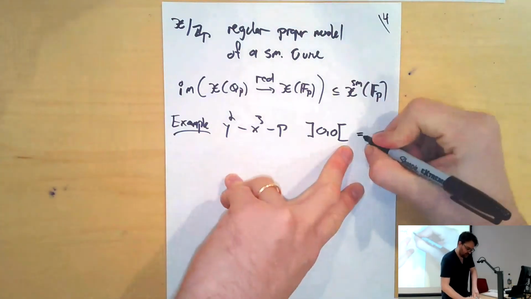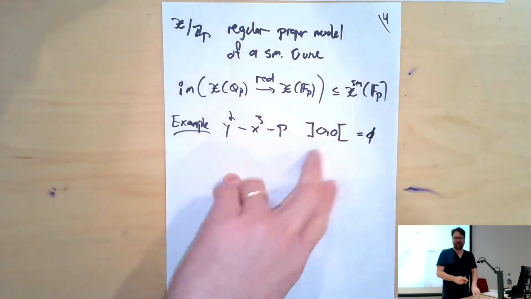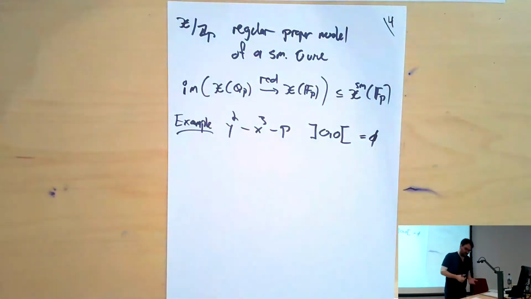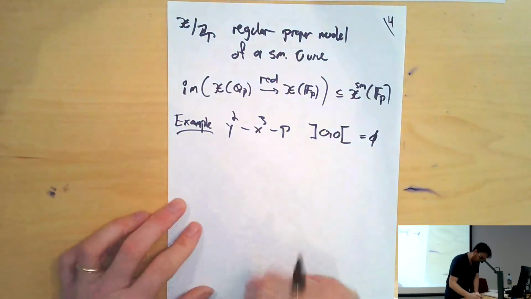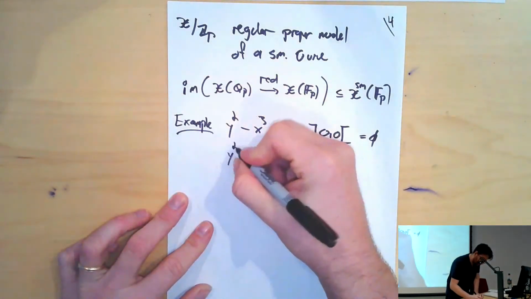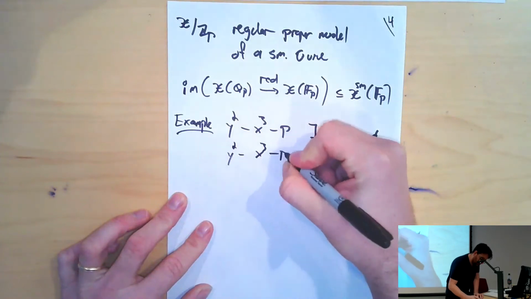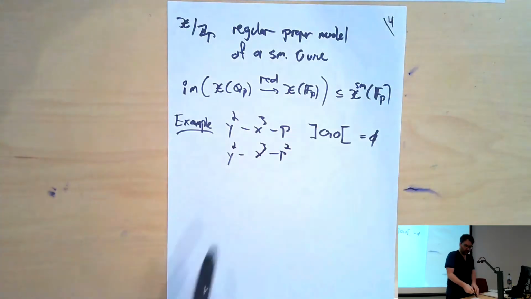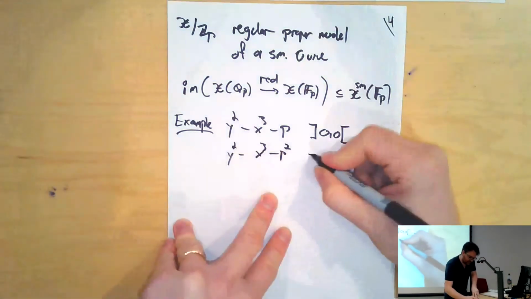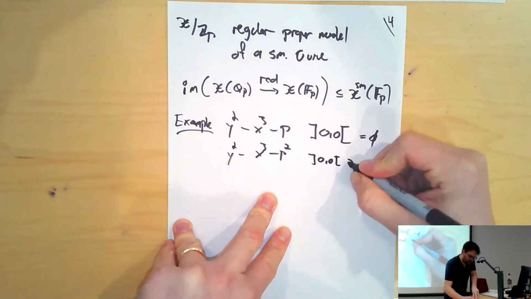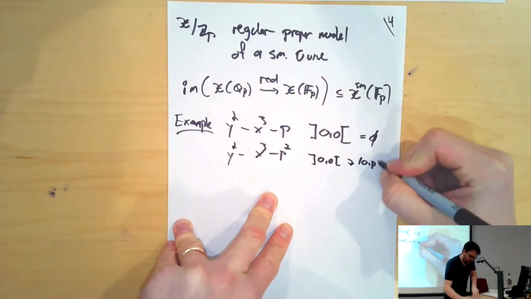So this is empty. As a rigid space it's not empty, it just has no Q_p points. On the other hand, if I take the same equation and write down a non-regular model, then the tube contains the point (0,p).